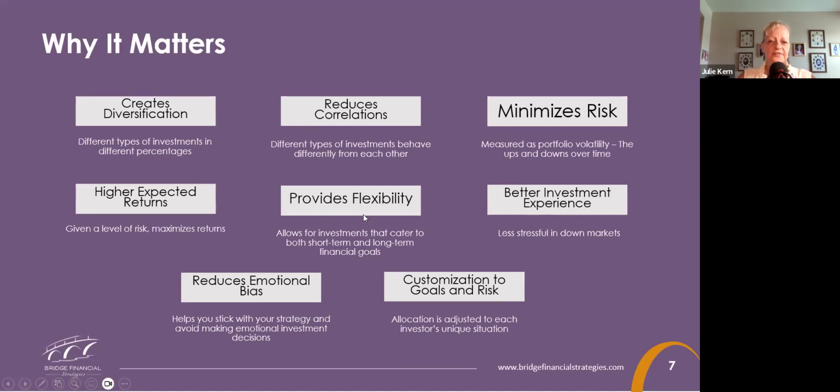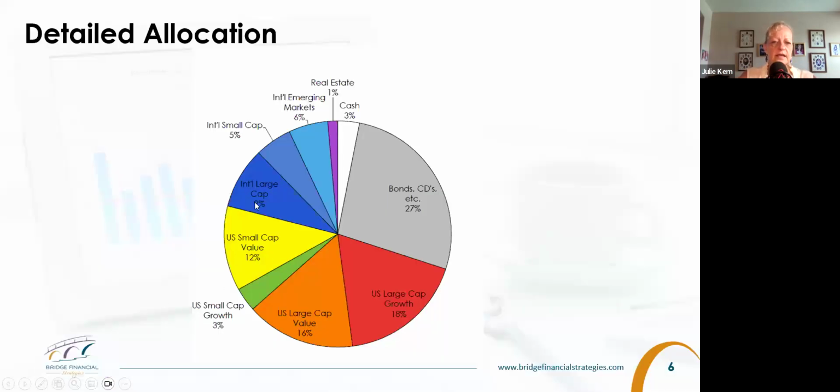Next, it provides flexibility. So it allows for investments that cater to both your short-term and your long-term goals. So some of these asset classes, if I go back to this slide, for example, the international asset classes, particularly emerging markets, those are more volatile, but they also produce a higher return. That's why we have it as a minority of the portfolio and not as large as, for example, the US large cap or the bonds.